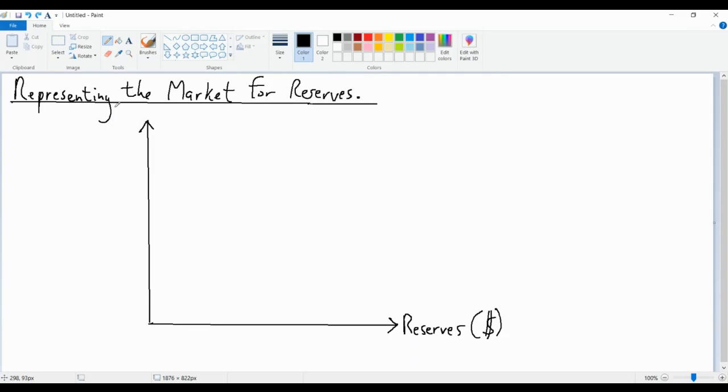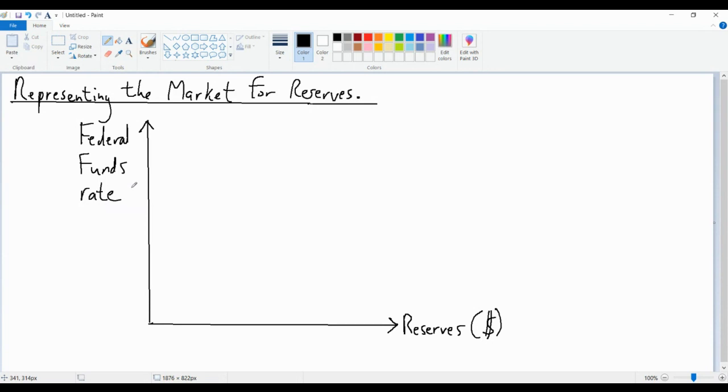That interest is the federal funds rate. So that is what's going to be on the vertical or y-axis here. So those are the first pieces of our jigsaw puzzle.